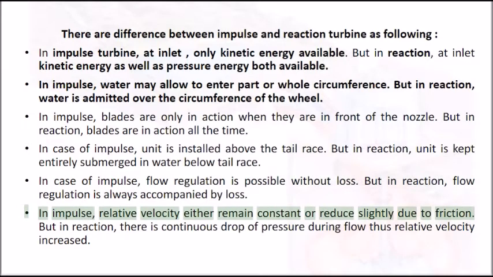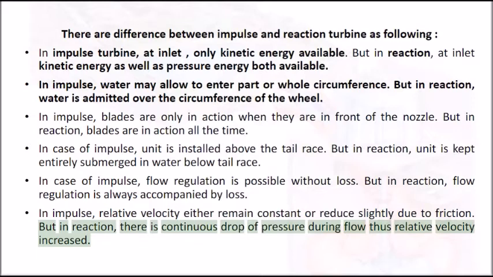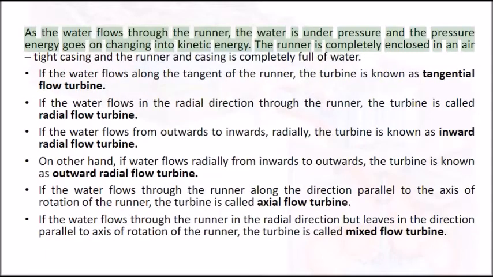In impulse, relative velocity either remains constant or reduces slightly due to friction. But in reaction, there is continuous drop of pressure during flow, thus relative velocity increases. As the water flows through the runner, the water is under pressure and the pressure energy goes on changing into kinetic energy.